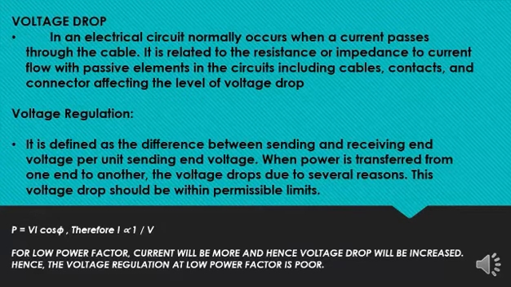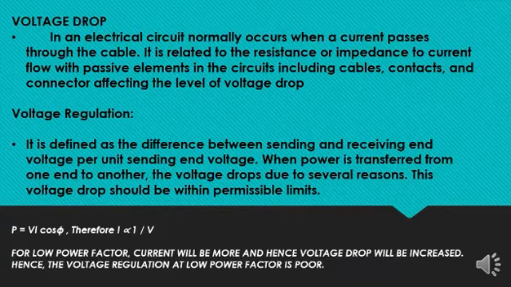Voltage regulation is defined as the difference between sending and receiving end voltage per unit sending end voltage. When power is transferred from one end to another, the voltage drops due to several reasons. This voltage drop should be within permissible limits.